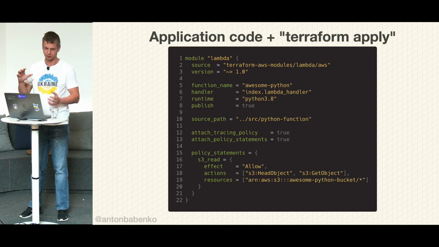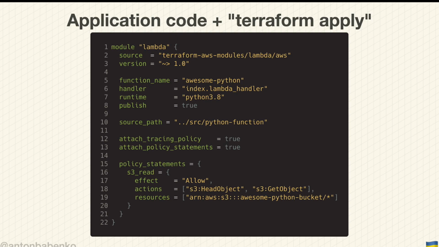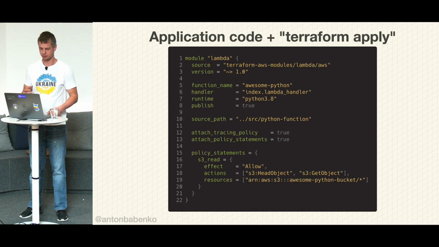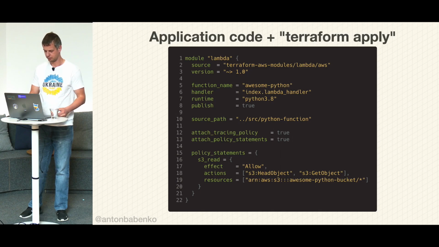You have module block where you call Lambda module, and you have a bunch of arguments which you pass into this module. That's it. This is not more complicated than any YAML or any SAM configuration which you saw earlier today during other talks.